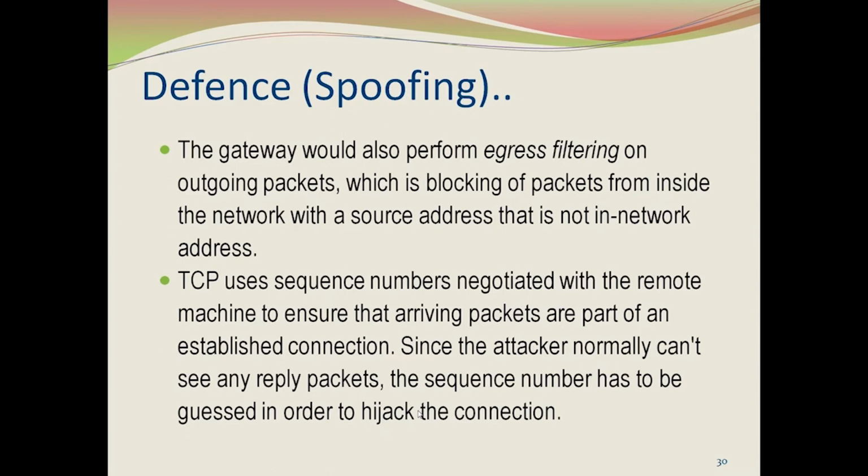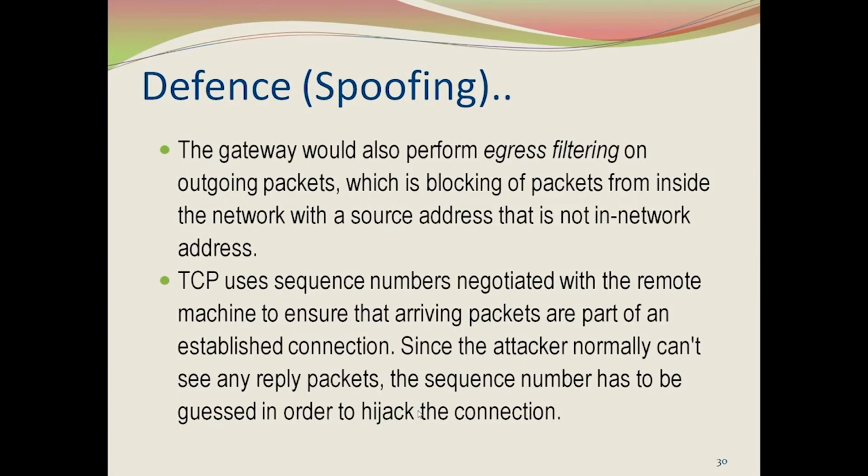And TCP also uses sequence numbers. Those of you who have learned the TCP protocol know that. Okay. So, there are sequence numbers in the packet, and the sequence numbers are determined only after the negotiation phase is complete. So, whether it starts with 0, 1 or some random number, nobody knows, only the communicating parties know. So, TCP uses sequence numbers negotiated with the remote machine to ensure that arriving packets are part of an established connection.